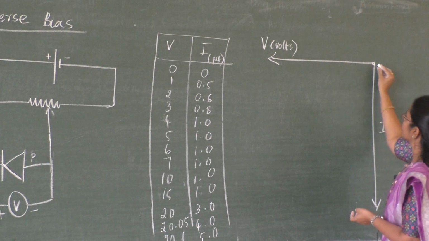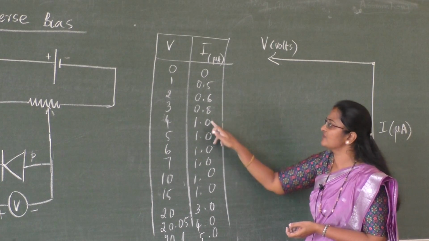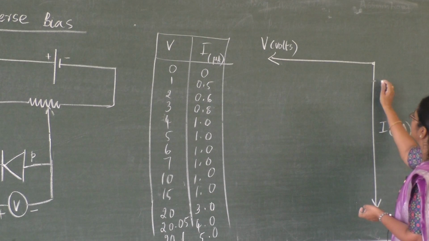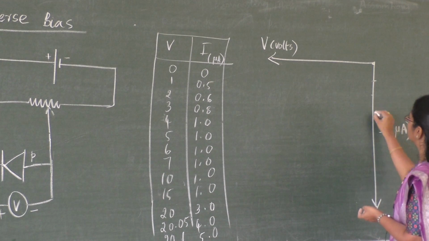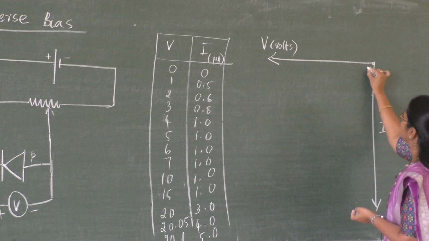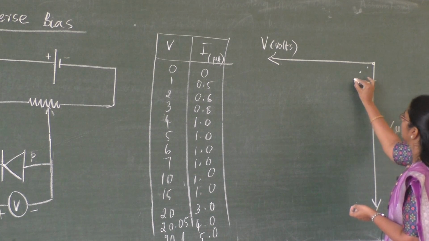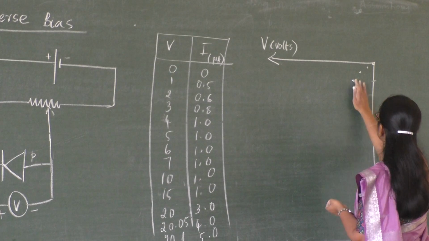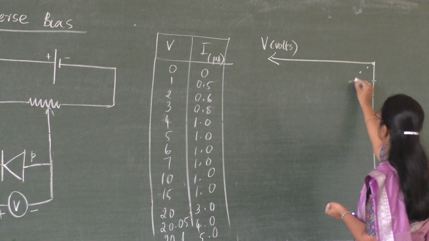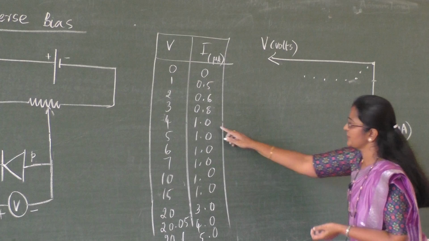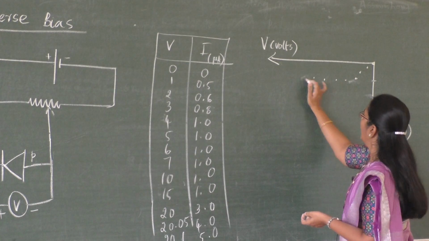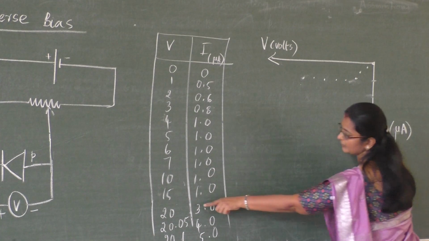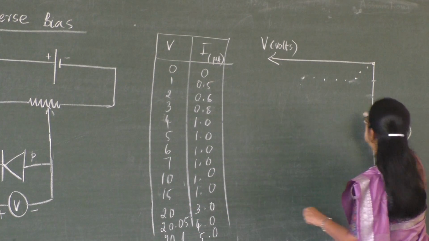As voltage increases, current increases, but you see the value is very, very small. Suppose I take 1 here, 1, 2, 3, 4, a small increment will be there. Again a small increment. Then afterwards it suddenly changes. Here I have taken 1, so all the values almost remain 1. And after one particular value, here you can see 20, the current increases suddenly.